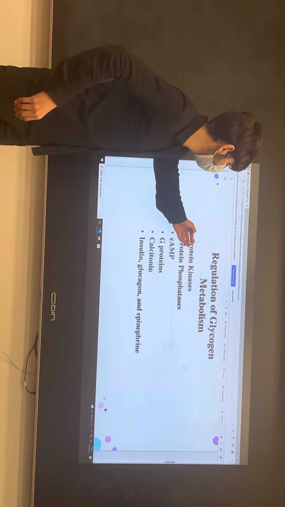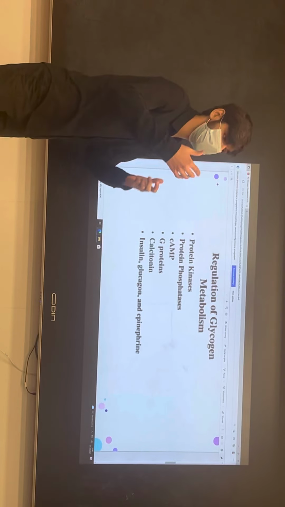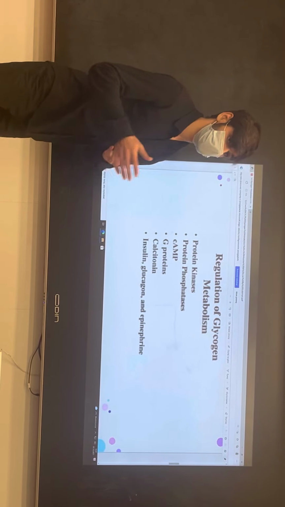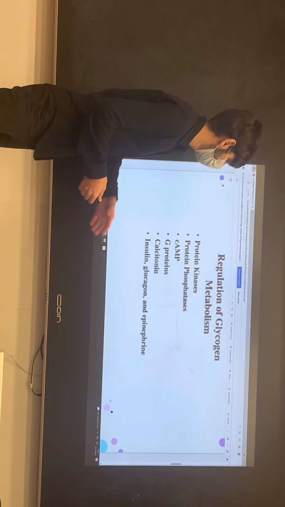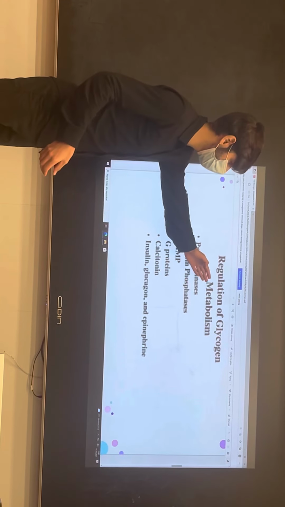And about the protein kinases and protein phosphatases: protein kinases phosphorylate the glycogen enzymes taking part in glycogen metabolism, and protein phosphatases dephosphorylate them.